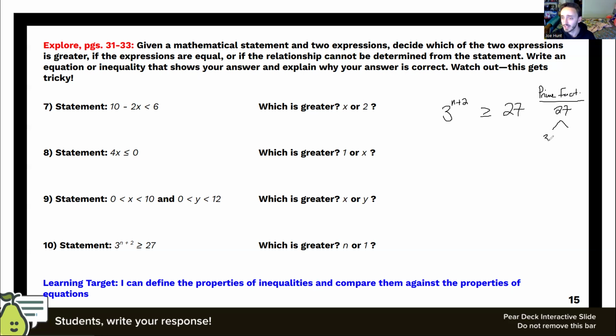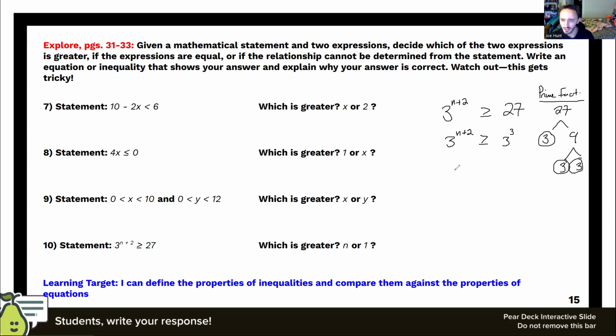If I think about 3 times what equals 27, I'm going to see it's 3 times 9. But then notice for 9, I could say that that's 3 times 3. So one way that I can think of 27 is the number 3 to the third. So we're saying that 3 to the n plus 2 must be greater than or equal to 3 to the third. Now, if this is true, the 3's don't really matter anymore, right?